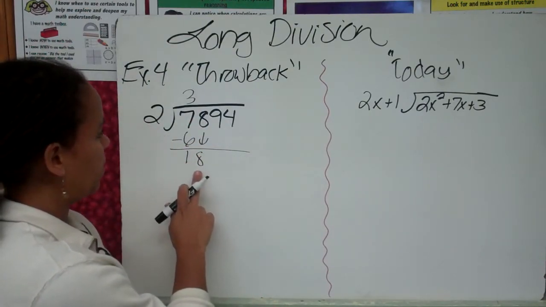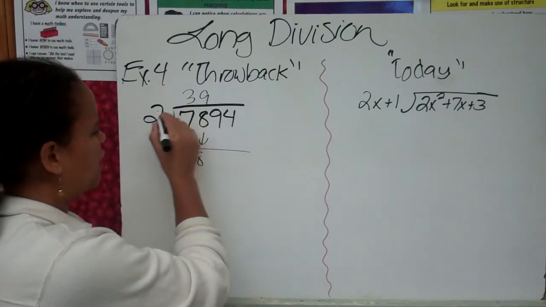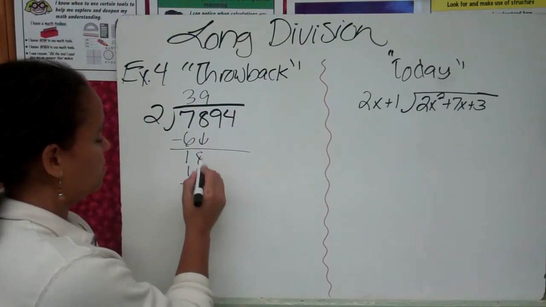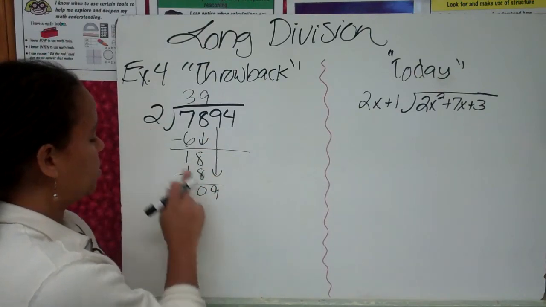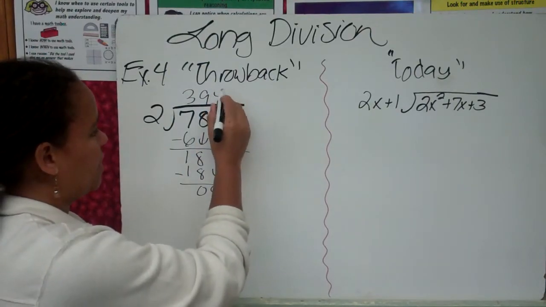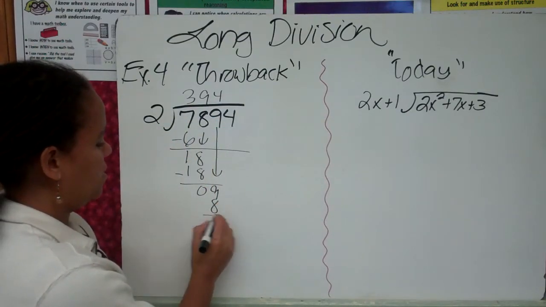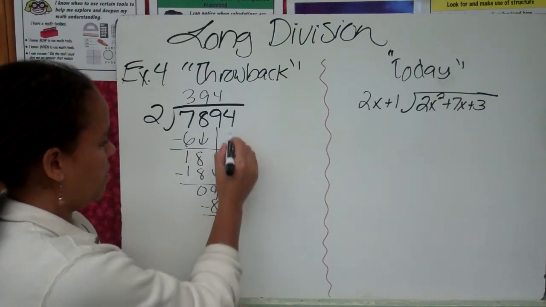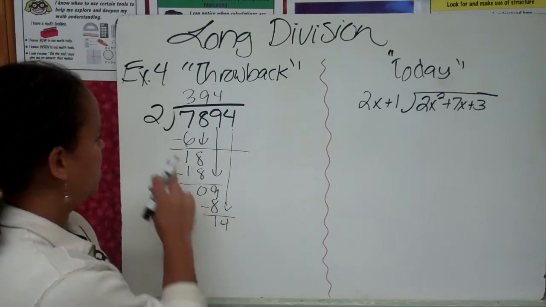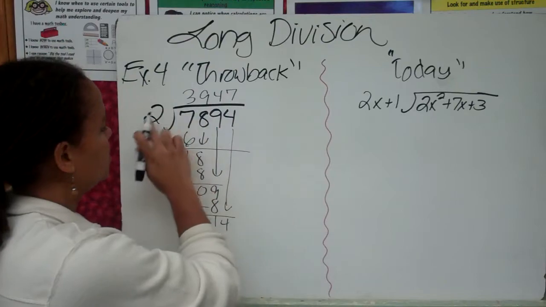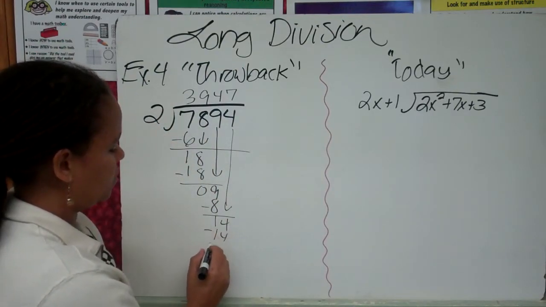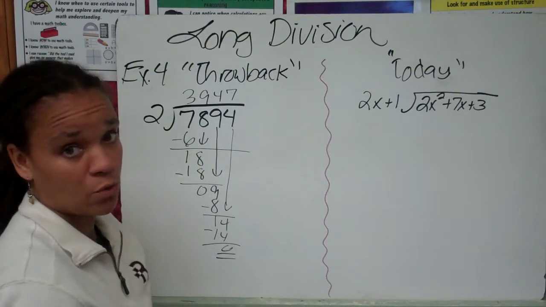How many times does 2 go into 18? 9. 9 times 2 is 18. Subtract, get 0, bring it down. How many times does 2 go into 9? 4 times. 4 times 2 is 8. Subtract, bring it down. 14. How many times does 2 go into 14? 7. 7 times 2 is 14. Subtract, 0. You have no remainder.